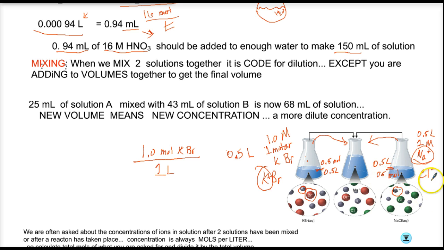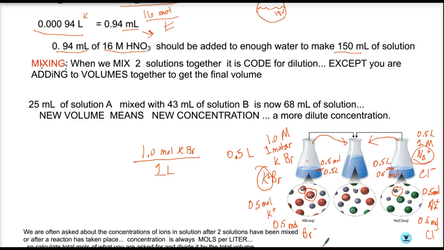Now, what does that really mean? That means I have 0.5 moles of potassium over here, I have sodium ions, and I have 0.5 moles of chlorine ions. Over here I have 0.5 moles of potassium ions and 0.5 moles of bromine ions.